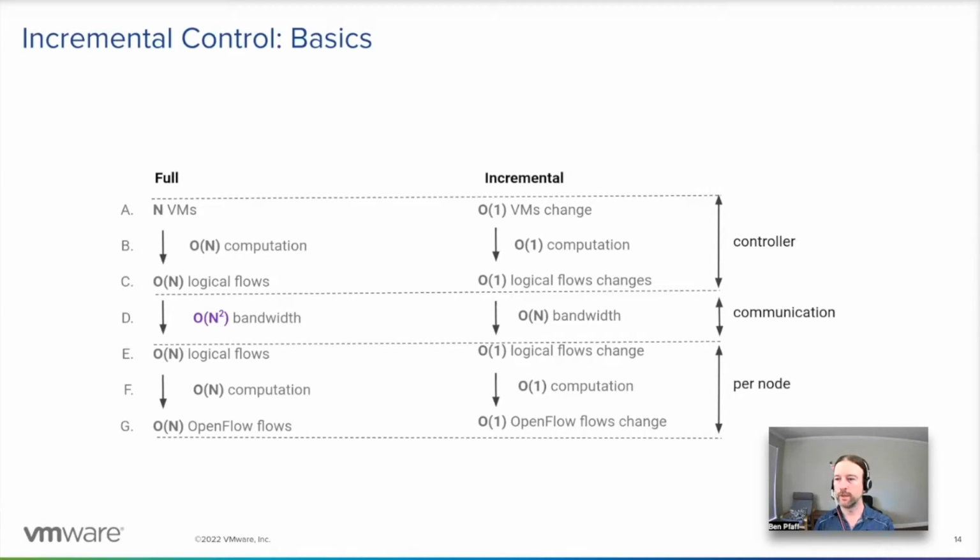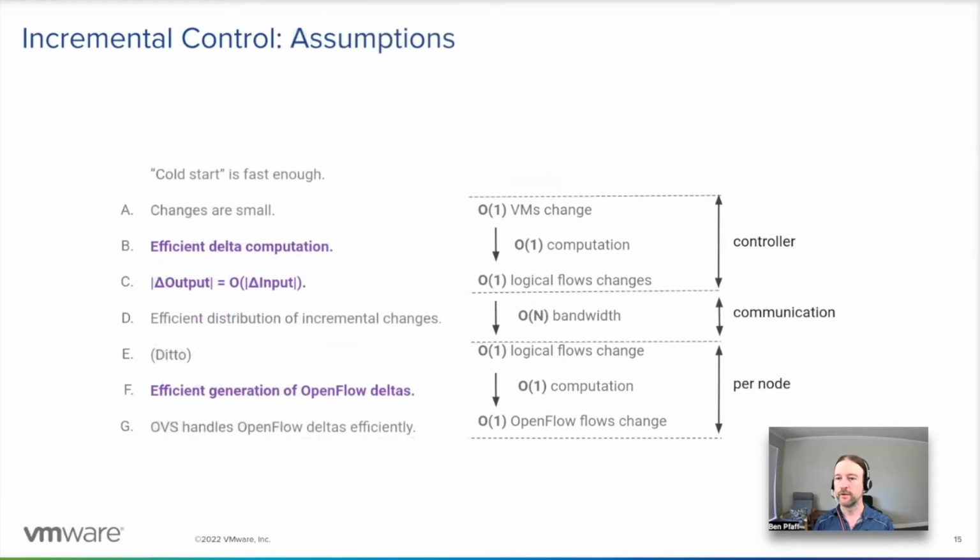So let me mention what those are, because we can't really do this sort of thing unless these assumptions are true. And I've got a list of all of the assumptions that we have to make at each of the stages here to actually believe that this is going to work.